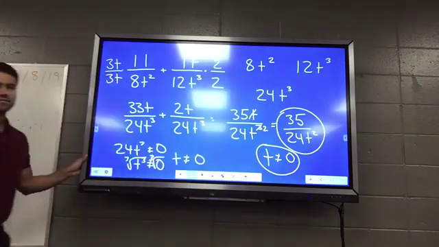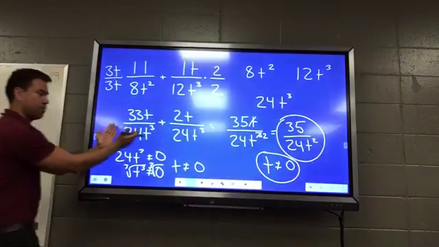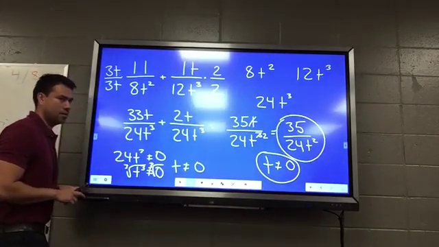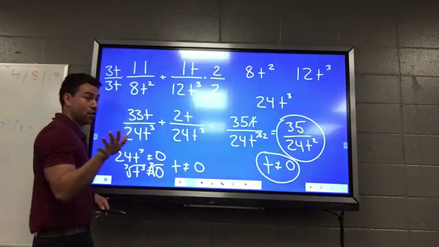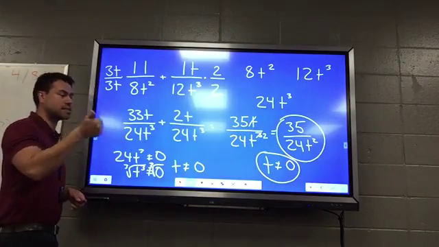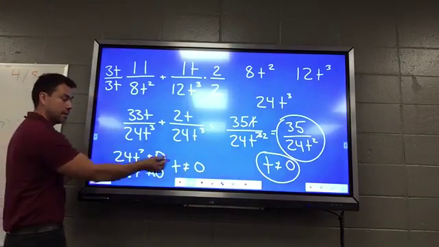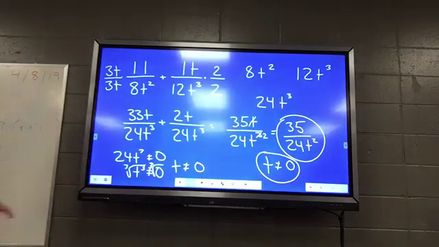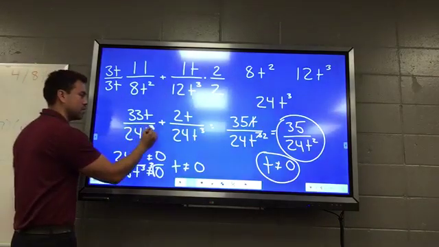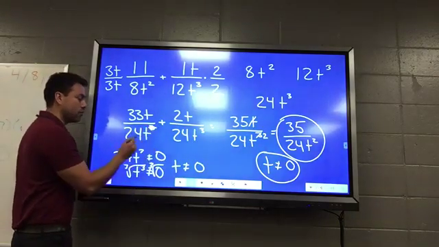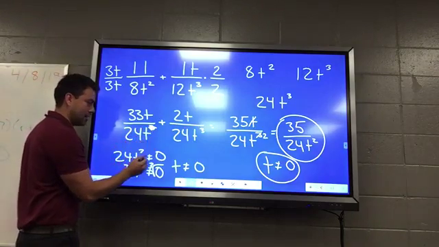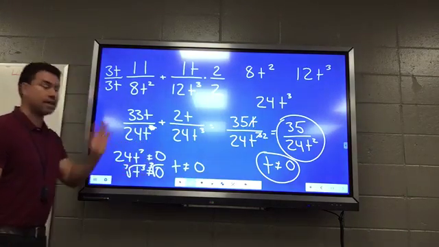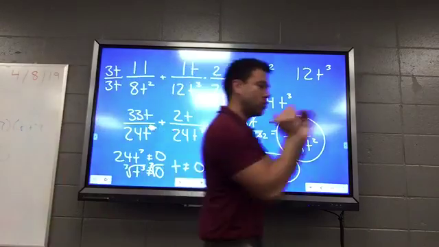So if it's a monomial in the denominator, with any variable to the second, third, fourth, fifth power, the variable cannot equal 0. Yep, because if there were just 24t, it would still be t does not equal 0. So any variable to any power, when you just have a monomial.